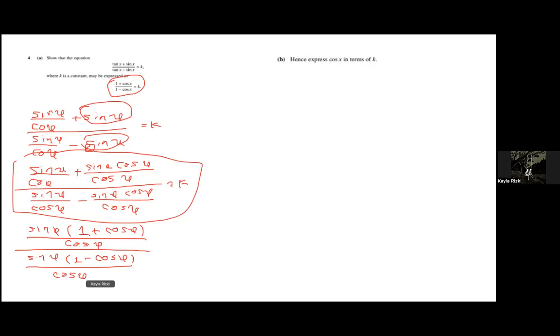Ini bisa kita ubah jadi kayak gini karena dua-duanya punya sin, jadi bisa kita keluarin sinnya dan jadi ini. And then we got dan kita udah bisa dapat bentuk ini.